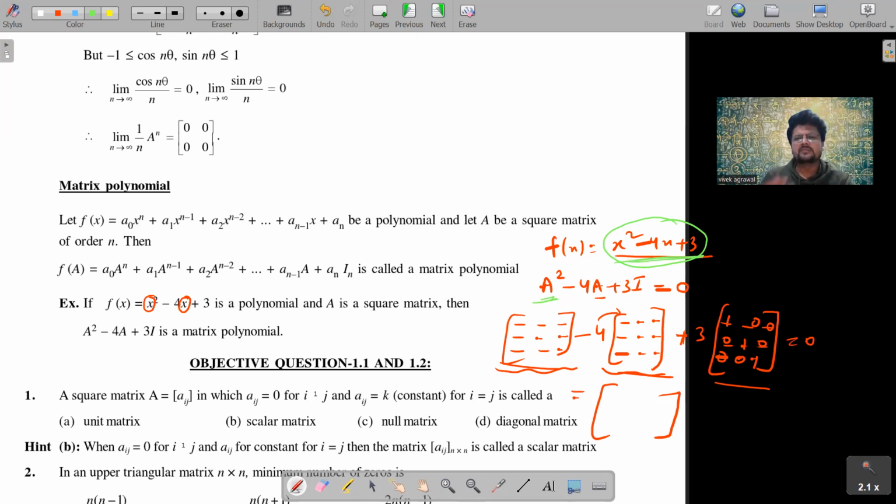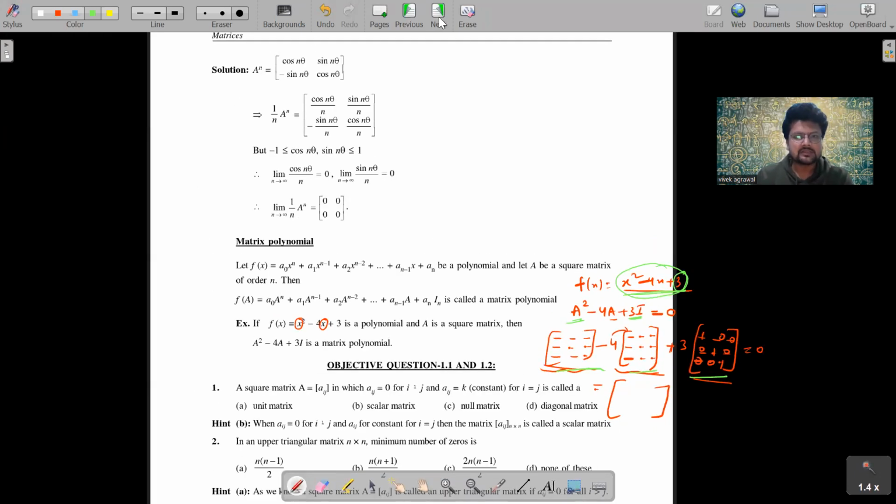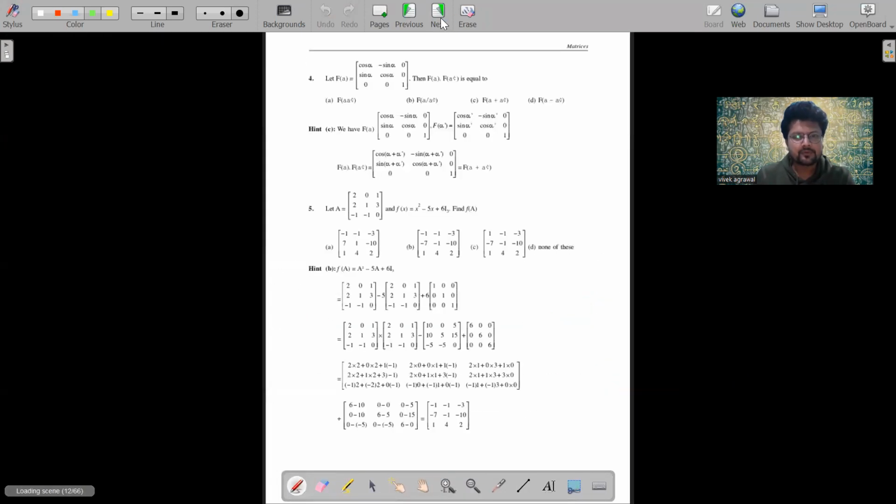Similar to that zero or root thing. And wherever you have the constant value, you'll multiply the identity matrix with it, and you'll write this in the matrix format. So till here we have done in the last class. Let's proceed further.